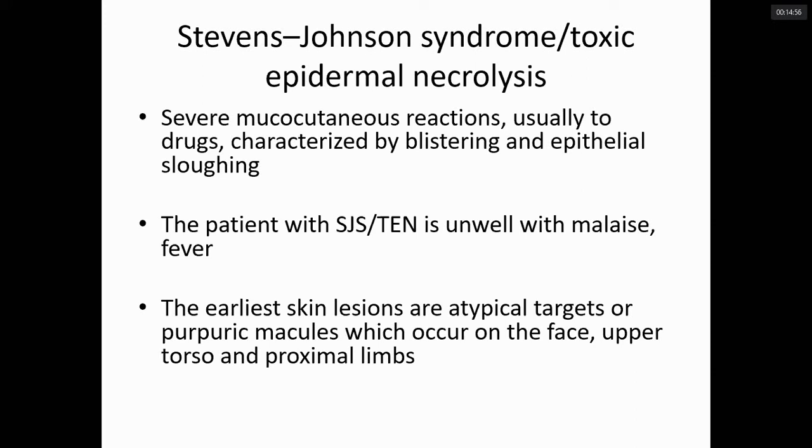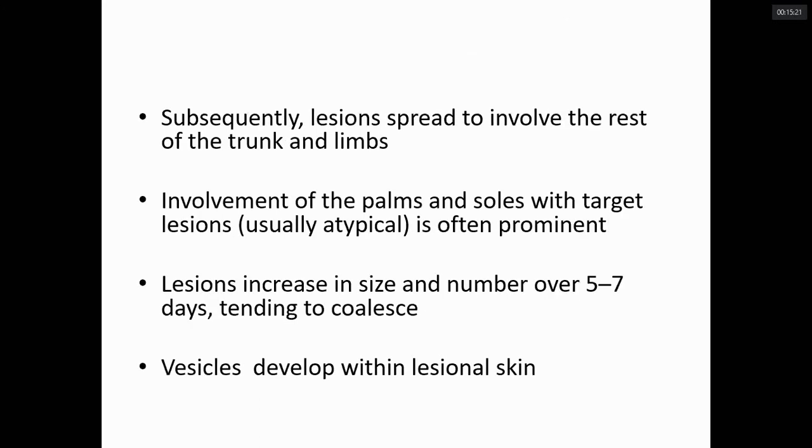Typical target lesion means there are 3 well-defined zones, as we have already discussed, and in atypical target lesions, there are no three well-defined zones, but two zones in the lesion, or purpuric macules, which mainly occur on face, upper torso, and proximal limbs. Mostly the lesions start from face, upper torso, and they spread to involve the rest of the trunk and legs.